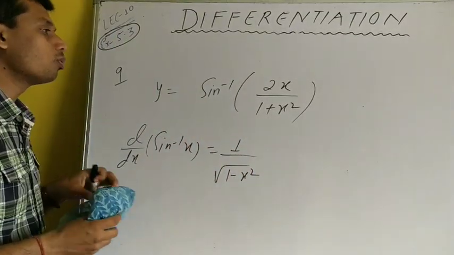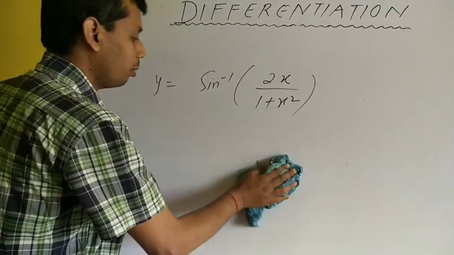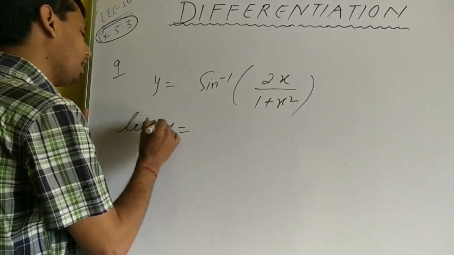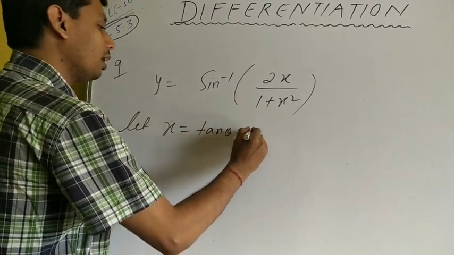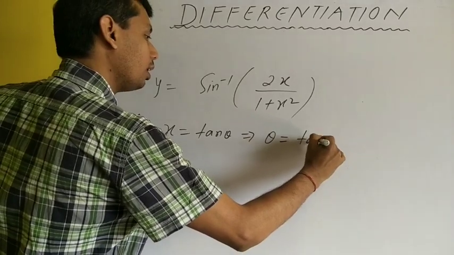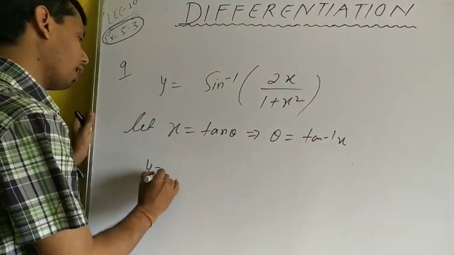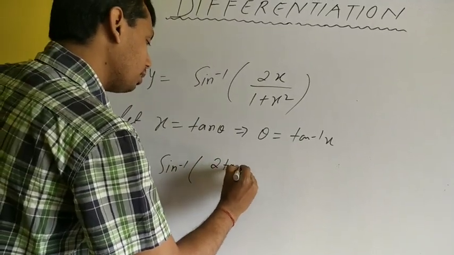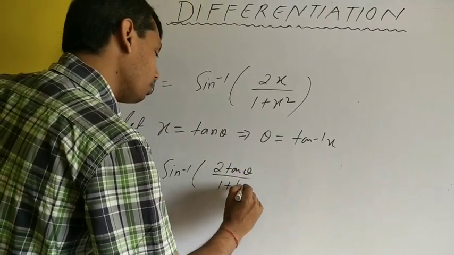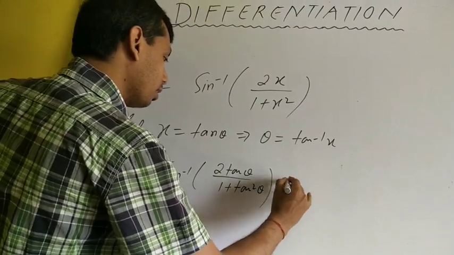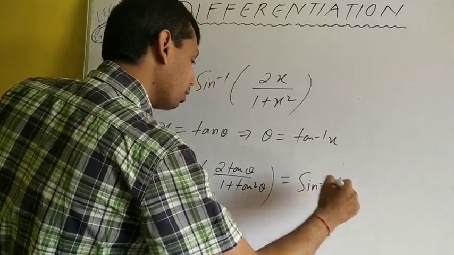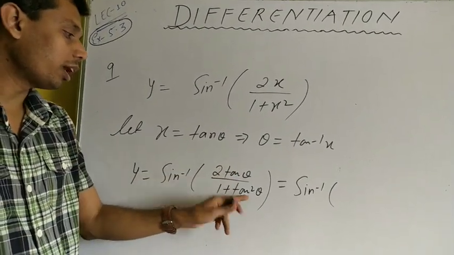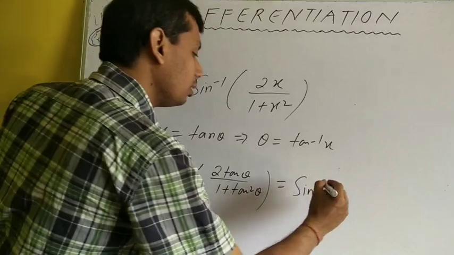So we proceed with this differentiation by a certain assumption, that is, if we assume x is equal to tan theta, this implies that theta is equal to tan inverse x, or y is equal to sine inverse of 2 tan theta upon 1 plus tan square theta. Now we know that 2 tan theta by 1 plus tan square theta is equal to what?